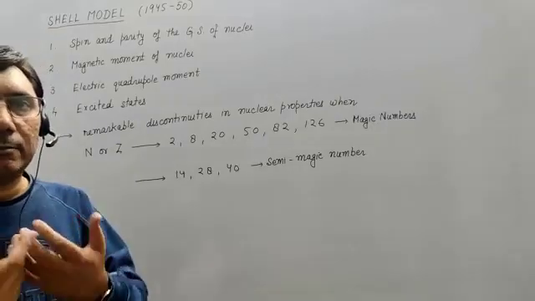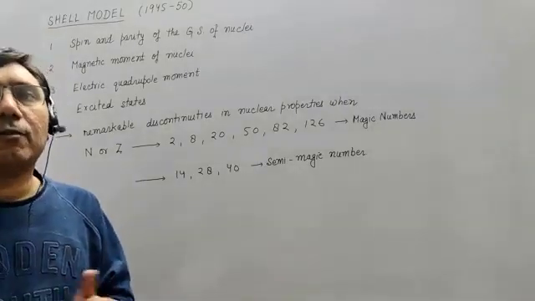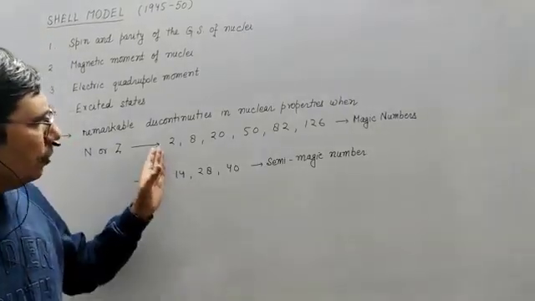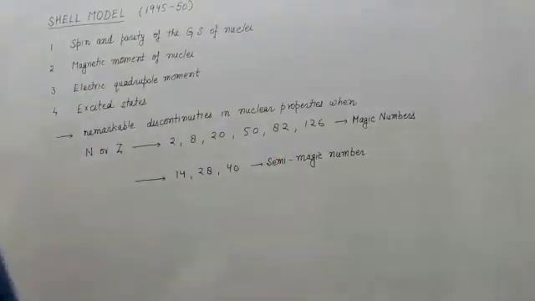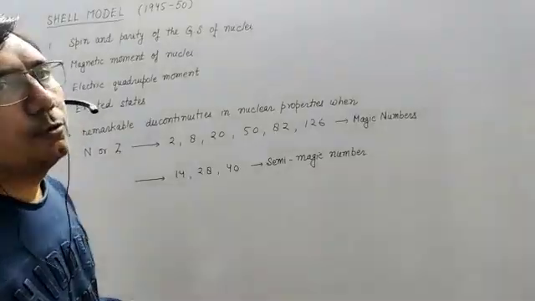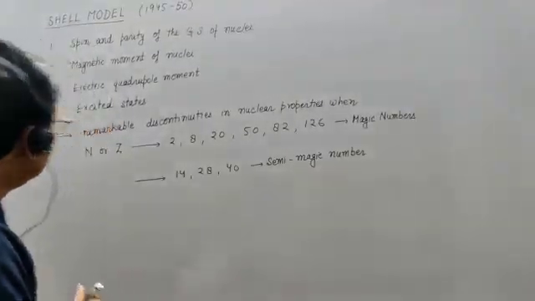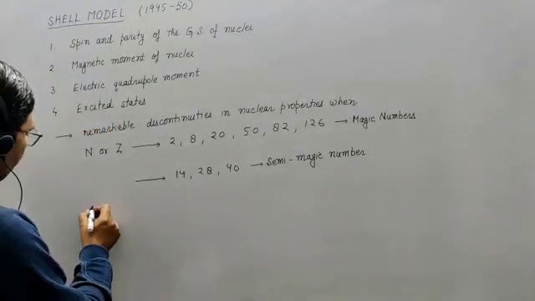Their properties will be remarkably different from its neighbors. So to explain these magic numbers and semi-magic numbers, they came to the conclusion that inside the nuclei, protons and neutrons are arranged in some type of shell structure.